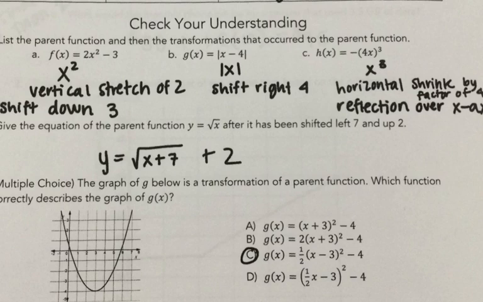So horizontal compression by a factor of 4 and a reflection over the x-axis, which changes the sign of all the y's. Right, those would be, in words, what happened in 1. Any questions on any part of 1 that you guys might have missed? Or there's a lot of writing you didn't do?